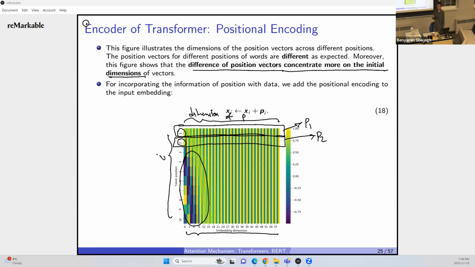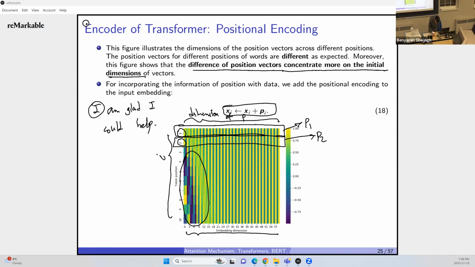So far clear? So now I have the pi's. So now I add pi to every xi. After this addition, every embedding has the information of position in it. You see? Do you see that? For example, now consider the sentence: I am glad I could help.